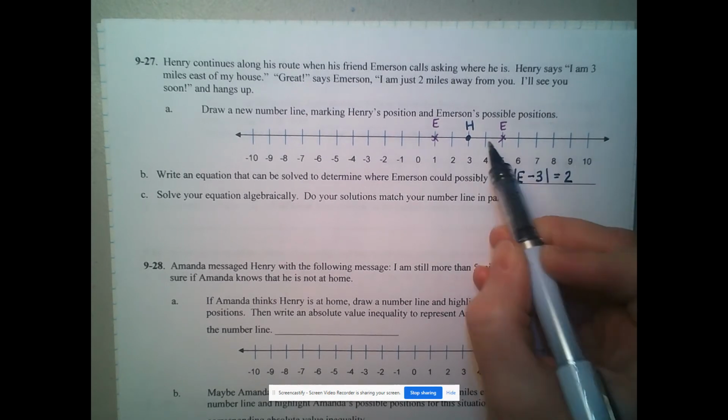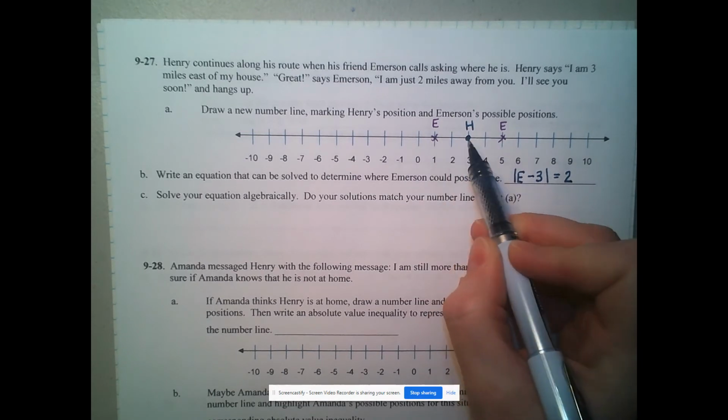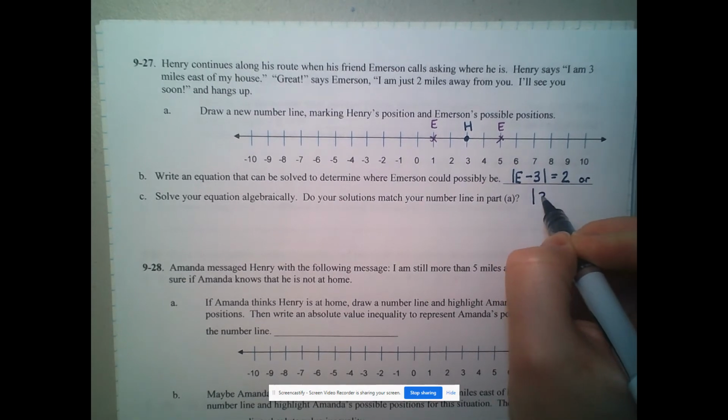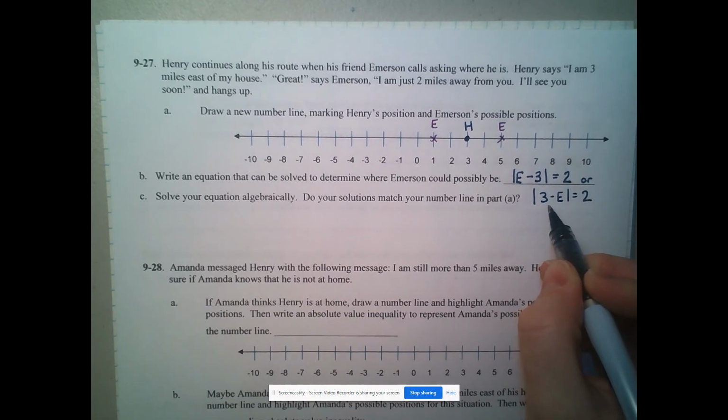Because the difference between 5 and 3 is 2. The difference between 1 and 3 is 2. So we might also have come up with 3 minus e equals 2, because the 3 minus e is the absolute value. Regardless of which order I subtract them, when I take the absolute value, it comes out to 2.